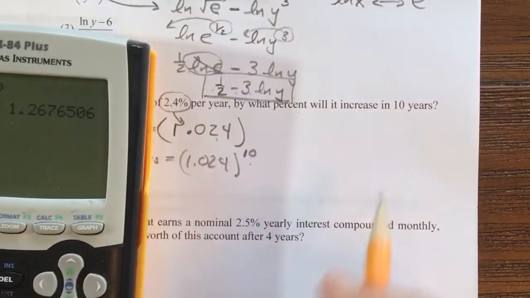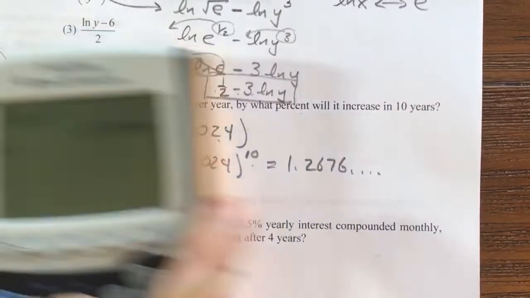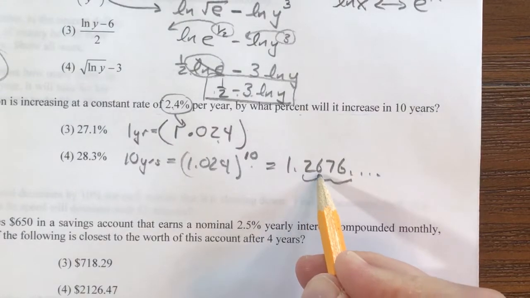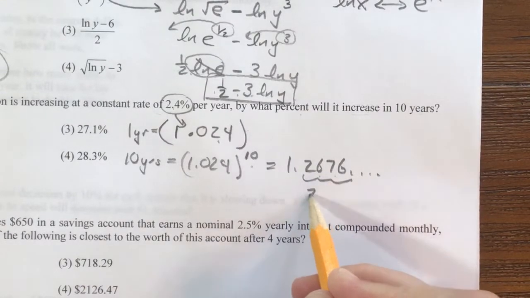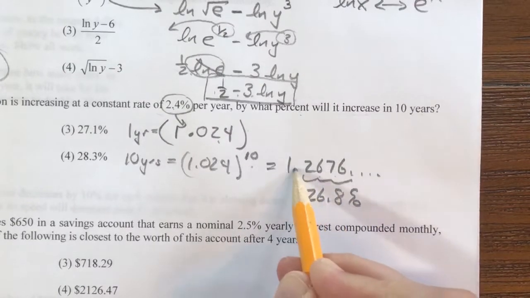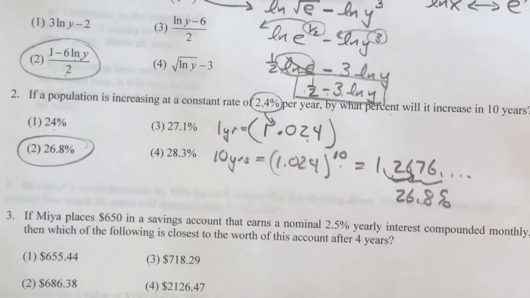So I'm getting 1.2676 and it goes on. So what's my percent increase? If you round it off, you'd say 26.8%. Right, move that decimal point back, 26.8%, which is choice 2.